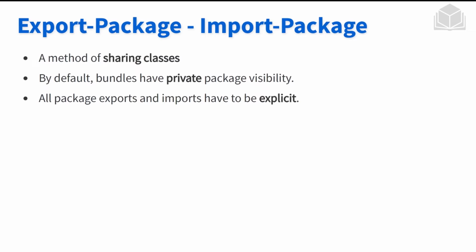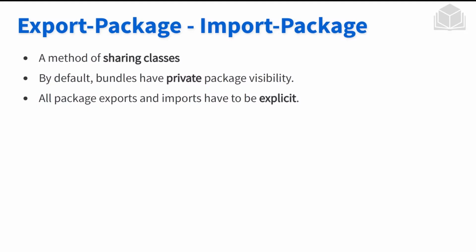Let's talk about the most typical way. This is what we're going to be seeing a lot of, the export package and the import package. This is a way that we can share classes by telling the OSGi container, I have a specific Java package that I want exposed to the OSGi container. So when we're saying export package, we are quite literally exposing this whole package to the entire OSGi container.